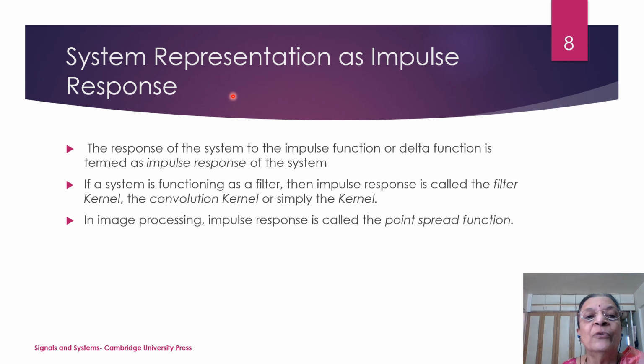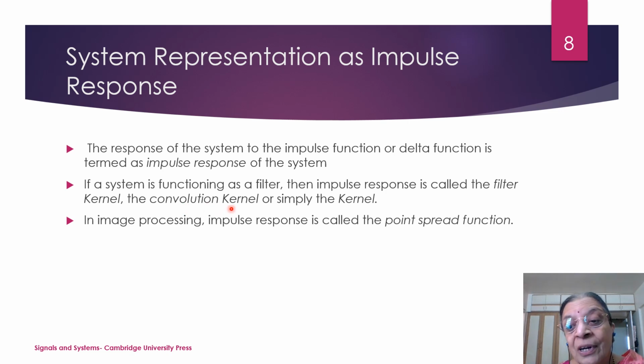Now let us see how to find the impulse response. The response of the system to the impulse function or the delta function is termed the impulse response of the system. If any system is functioning as a filter, then we find the impulse response of the system and it is called the filter kernel. The impulse response is then termed the filter kernel or the convolution kernel.